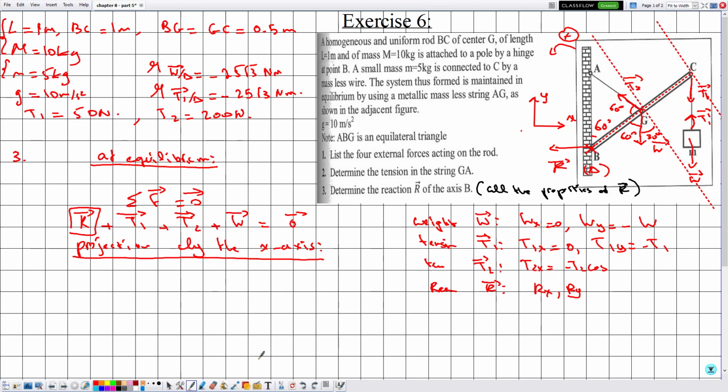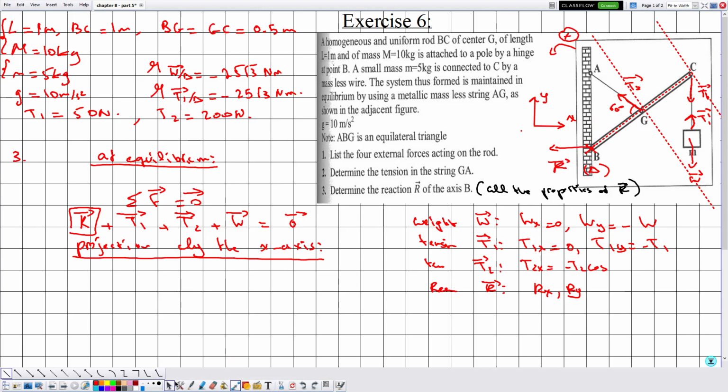So I'm done with all the angles. Let me erase everything just to make it clear, and let me remove all of this data. So this will be the horizontal, and this is the vertical.